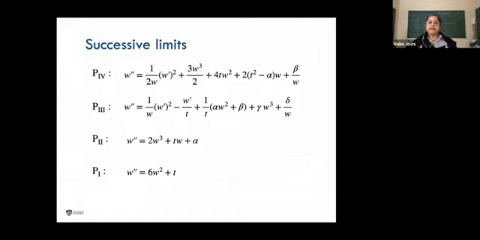Many of these have appeared several times in mathematical physics. The second Painlevé equation, for example, is famous in random matrix theory as the kernel of the distribution that gives you the Tracy-Widom distribution. And that is in the case when the parameter alpha is equal to 0.